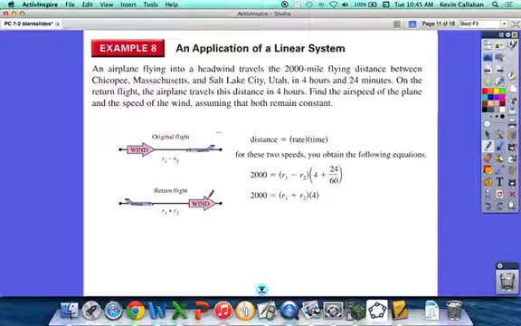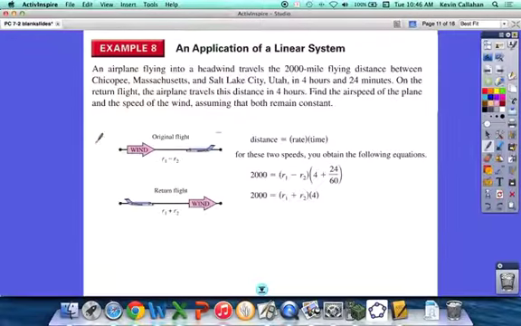So understanding that distance equals rate, your speed, times the time, we set up two different equations. In both cases, it's 2,000 miles. That's the distance. The speed, the rate, when you're flying into the wind, is R1 minus R2. When you're flying with the wind, it's R1 plus R2.